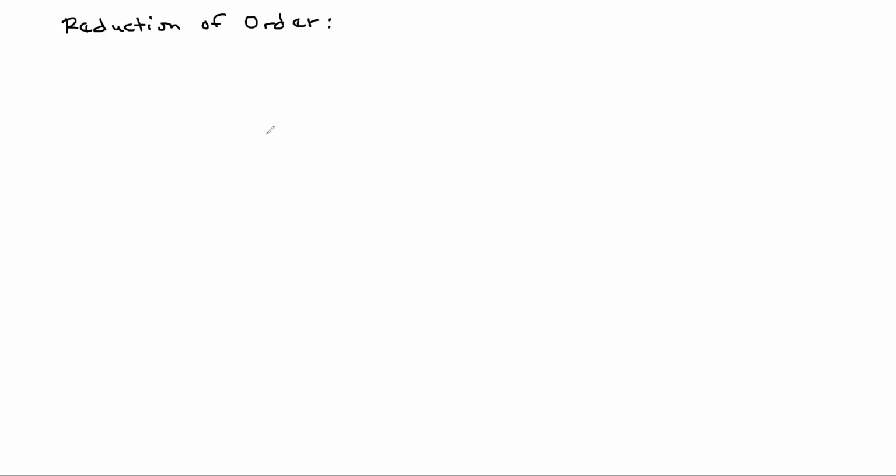In this case, we had a differential equation and one solution, and we used the one solution we had to find the other solution. So what if we had a differential equation and one solution? Could we do something similar?